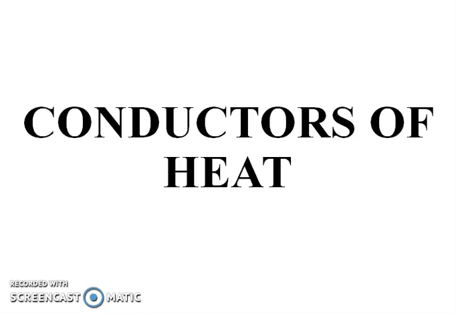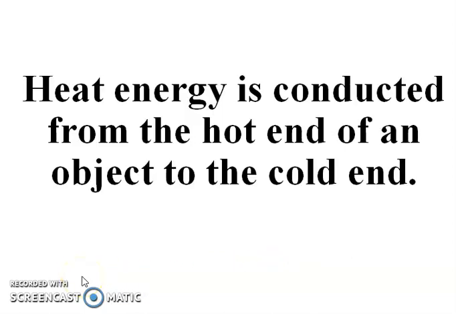As we know, metals are good conductors of heat, but non-metals and gases are poor conductors. Poor conductors are also called insulators. As I've said earlier, heat energy is conducted from the hot end of an object to the cold end.